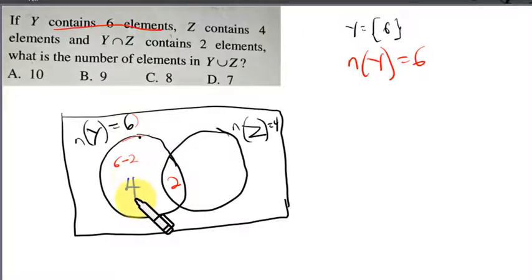And if the entire set Z has 4 elements, and part of it is 2, then what is left here is 4 minus 2, so that is 2.